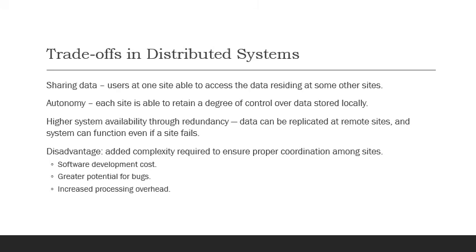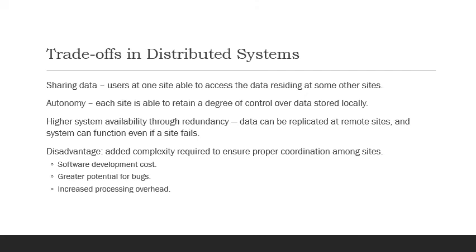There are disadvantages as well. All these things add complexity required to ensure proper coordination among the sites. And software development cost: it is more difficult and more costly to implement a distributed database system, and we have greater potential for bugs since the sites that constitute the distributed system operate in parallel.